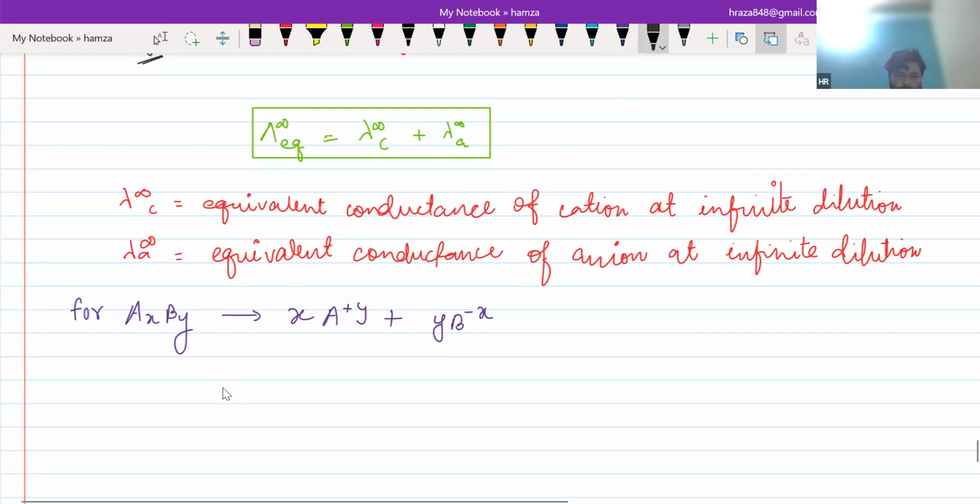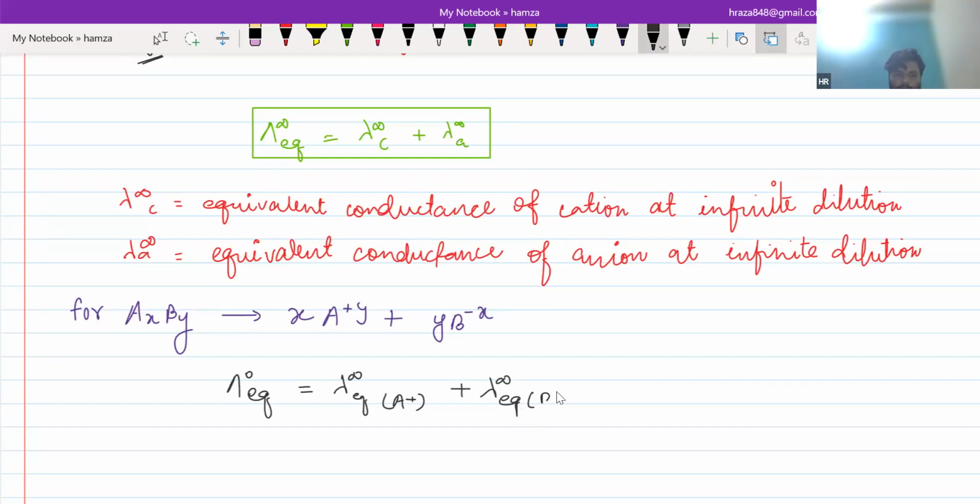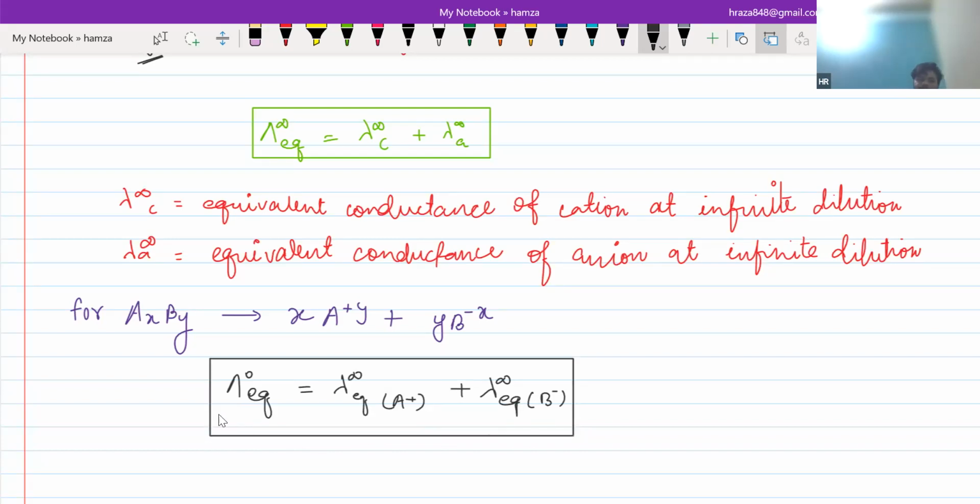If you are going to write equivalent conductivity, it will be lambda infinity EQ of A plus and lambda infinity EQ of B minus. Okay, everyone, please write.